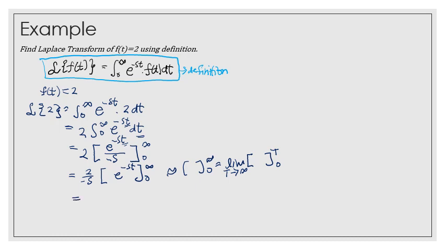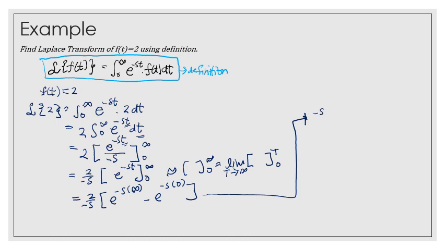Just write down 2 over minus s. So we will have e to the minus st, we substitute with the infinity, minus e to the negative st, we substitute with the 0, the lower limit. When we talk about here, we have e to the minus s multiplied by infinity.